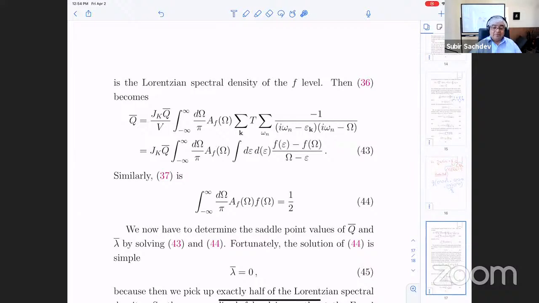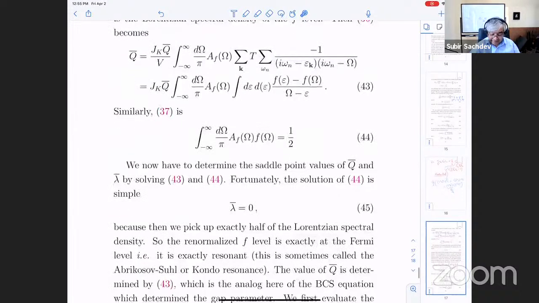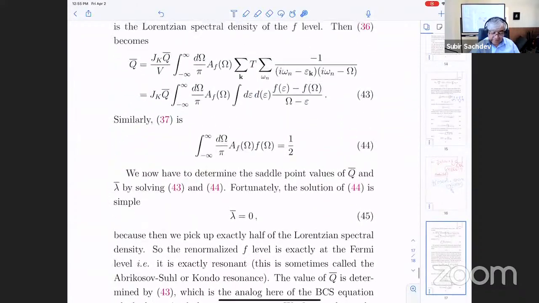Fortunately, the equation for lambda bar is very simple: lambda bar equals 0. The whole problem is particle-hole symmetric, assuming a flat density of states and so on. So you just have one equation left, the equation for Q bar.